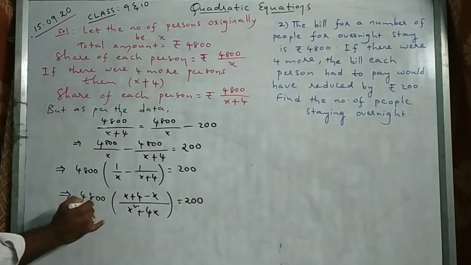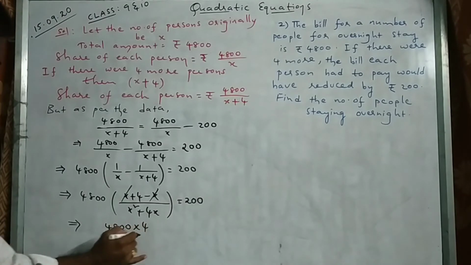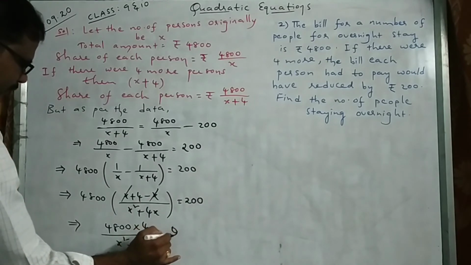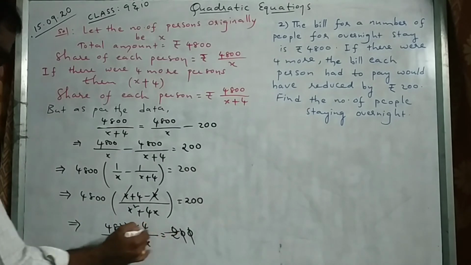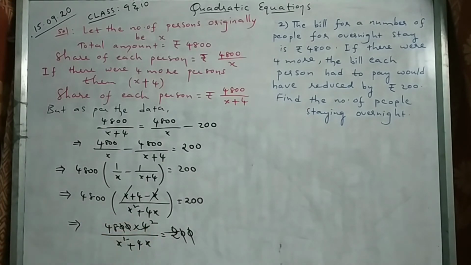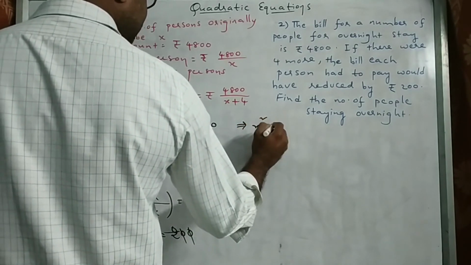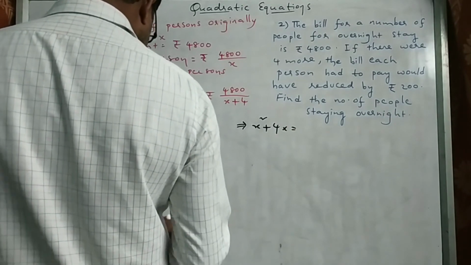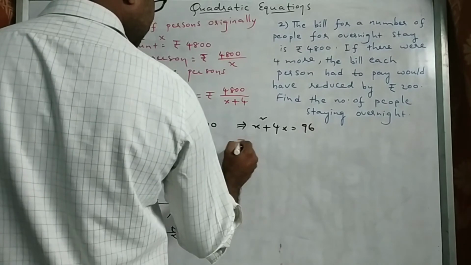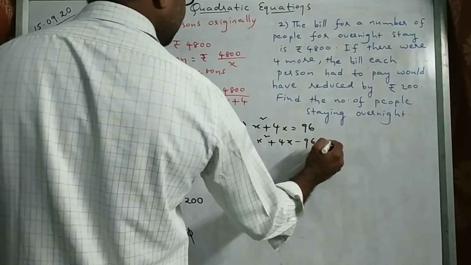So here x and x get cancelled. 4800 into 4 upon x square plus 4x equal to 200. 2 zeros get cancelled here. 2 ones are, 2 twos are cut. So what is remaining? x square plus 4x is equal to, cross multiply, 48 twos are 96. So x square plus 4x minus 96 equal to 0.